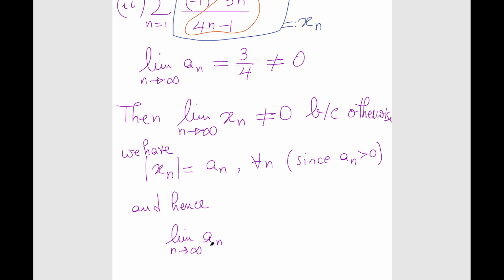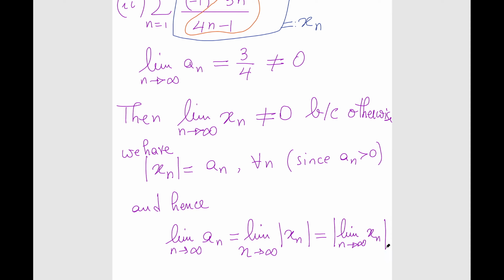Well, this is the limit as n goes to infinity of the absolute value of xn, right? And the limit of the absolute value is the absolute value of the limit, because the absolute value function is continuous, right?